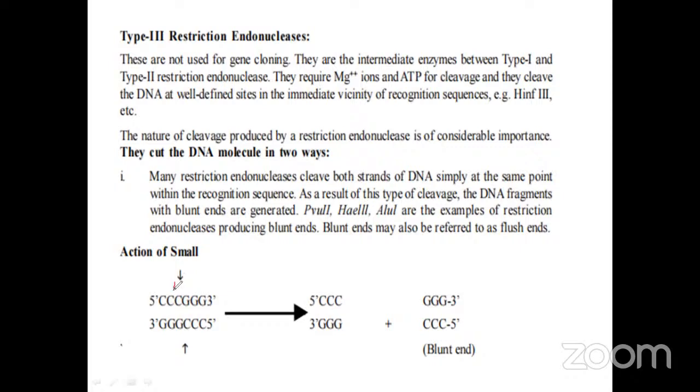This is cut at one strand at this side, and the other strand is cut at another side. What would be formed now? It is formed as a CC strand, next GGGC. Another separated piece is like this, for example.